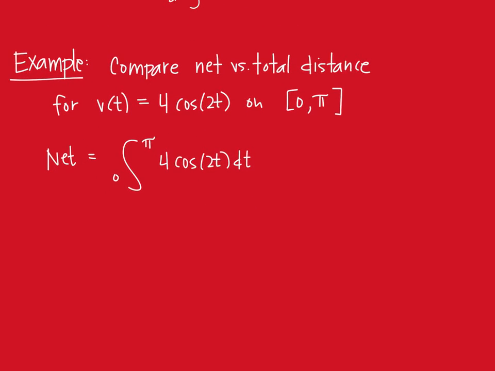If I didn't have a calculator, I would think about what the graph of 4 cos 2t looks like, which looks like this. The integral of that, if I'm just going to pi, pi is the end right here.